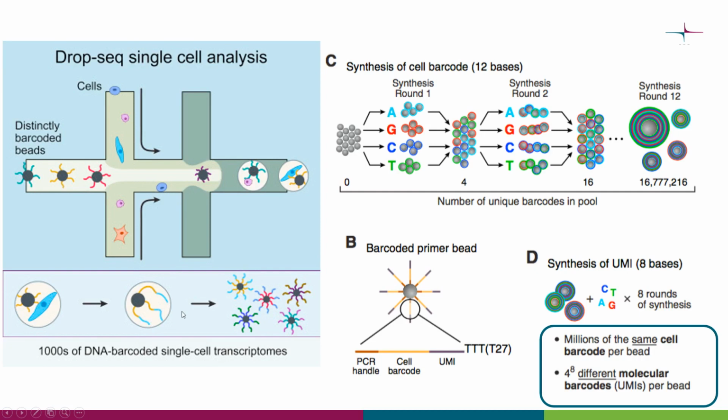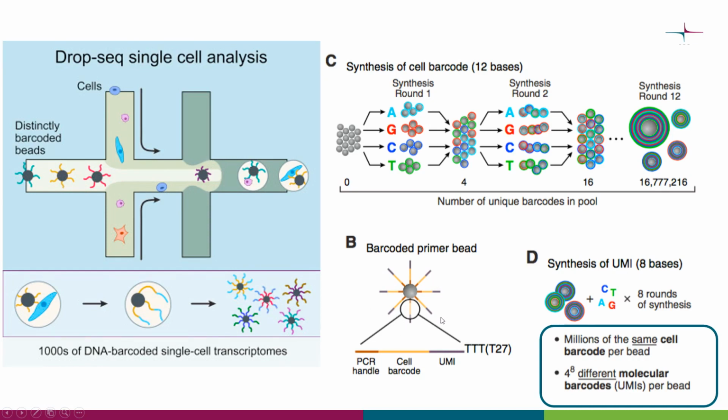Once this has happened, we can lyse the droplets and combine the different cells together, because we can always tell them apart, since these beads contain these so-called cell barcodes, which are unique. So when we sequence, we can tell what RNA came from what cell.